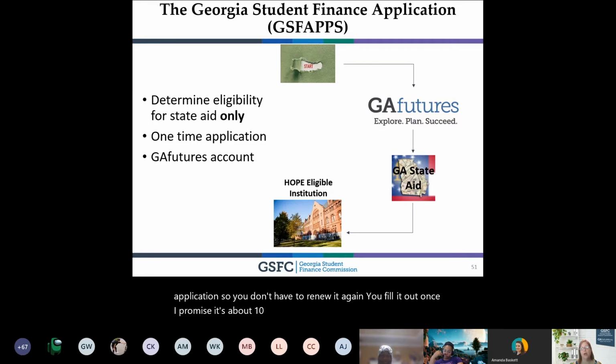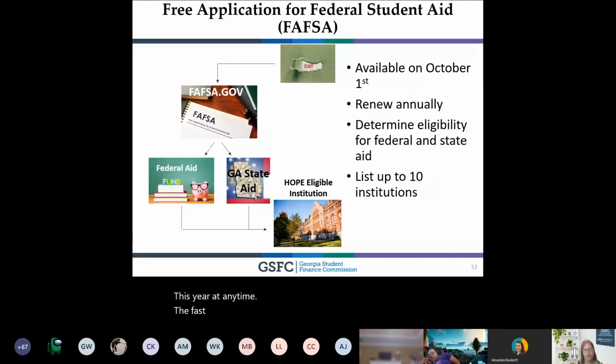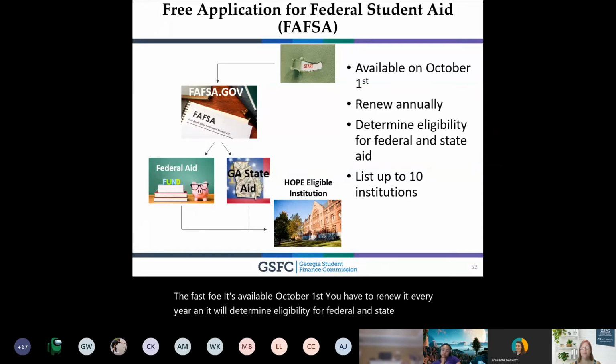Seniors, you can go ahead and complete that application this year at any time. The FAFSA is available October 1st. You have to renew it every year, and it will determine eligibility for federal and state aid. You can list up to 10 institutions. So on October 1st, even if you have not applied, you've not been accepted, you haven't even talked to an institution, but you're thinking about going to one or applying to one, go ahead and list them, okay?